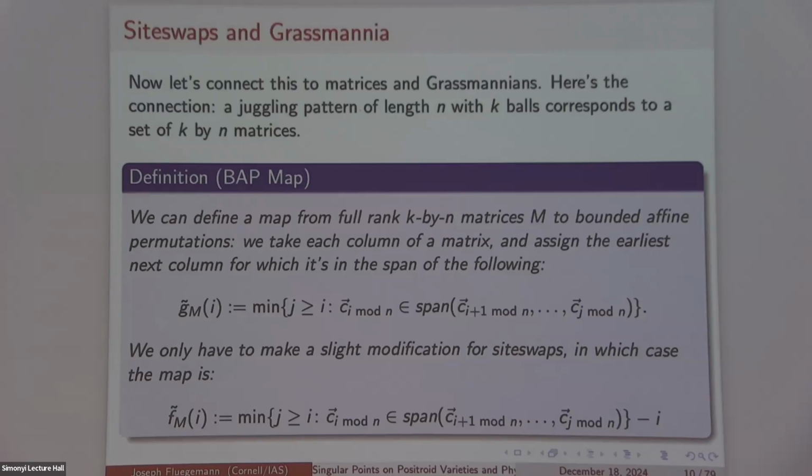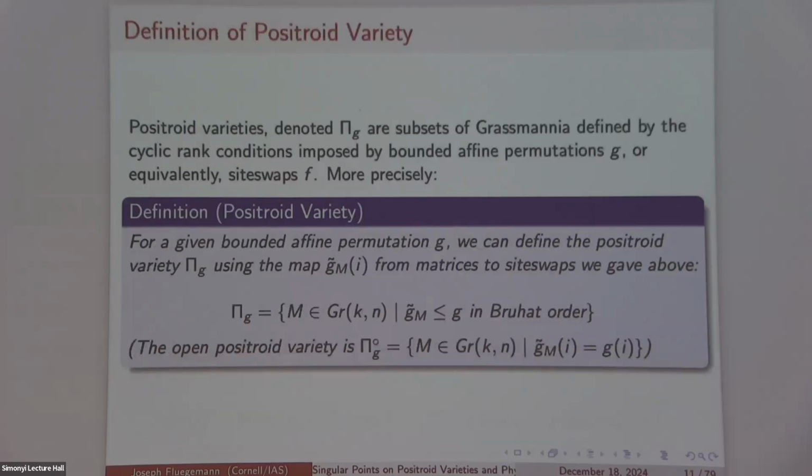Okay, so this map that I've defined, G tilde, gives you a different way to define a Positroid variety than what Daoji talked about last week. So these Positroid varieties, which I'm noting with this capital Pi, are subsets, varieties of the Grassmannian, defined by these cyclic rank conditions imposed by bounded affine permutations.